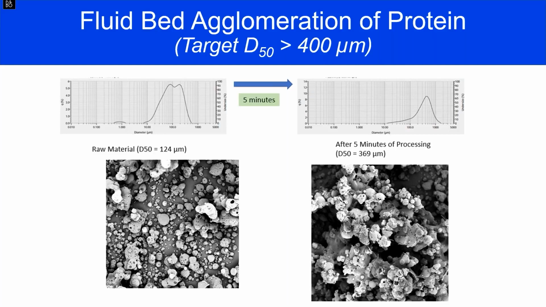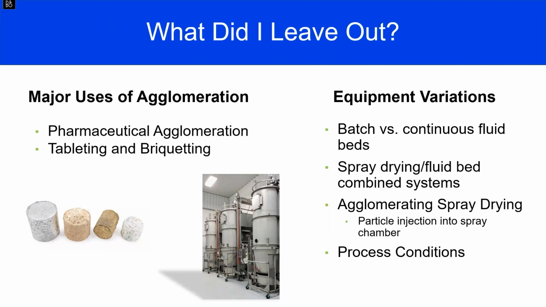The whole aspect here of the examples that I've given you on water rates, on densities of materials, on whether it's a flow or a dense granule, or all these aspects really play a part, and you really have to be on your game. So let me give you some things that I left out. I can't do everything in a talk like this, but I didn't talk enough about pharmaceutical agglomeration.